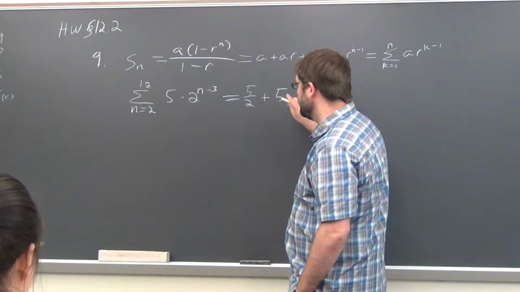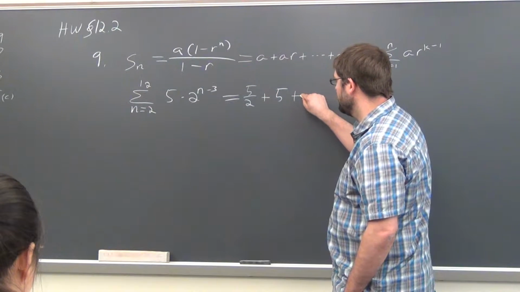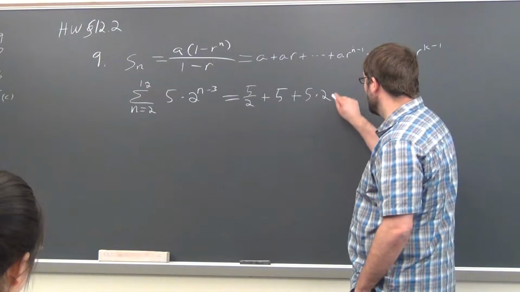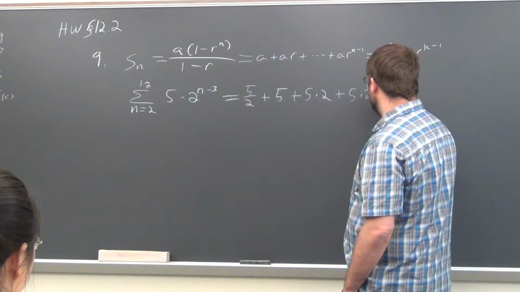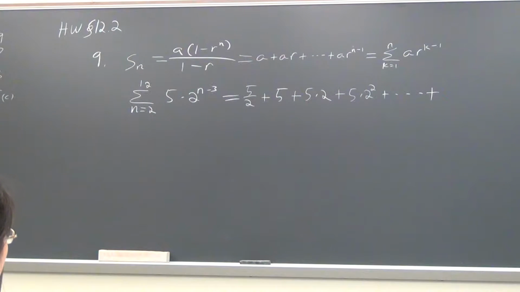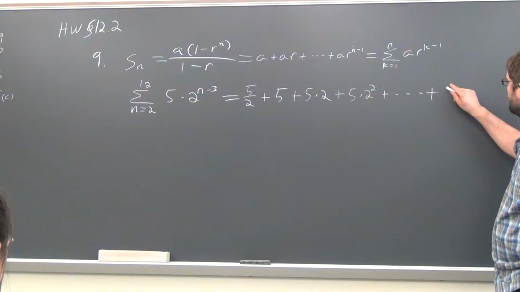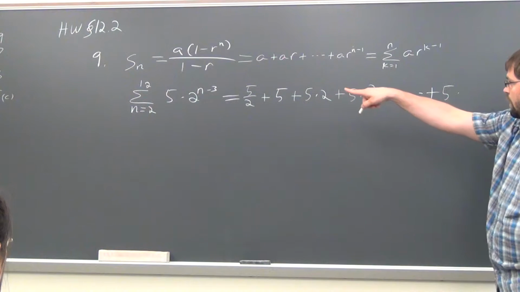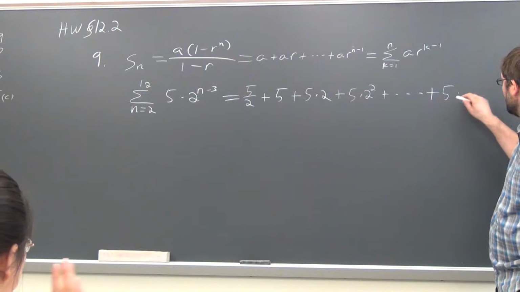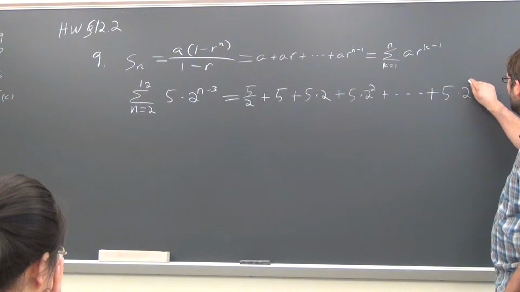Now when you plug in 3, let's just leave it as 5 times 2, and then 5 times 2 squared. And what's the last term you're going to get to? 5 times 2 to the 11? Yeah, so when you plug in 12, you get not 11, but 9, right? So 5 times 2 to the 9th.